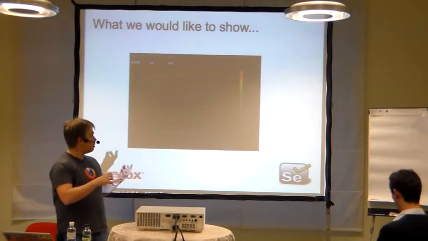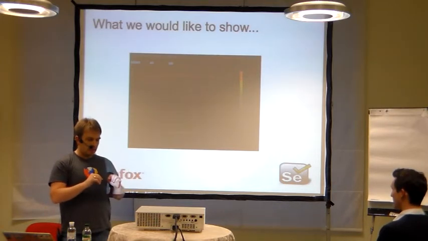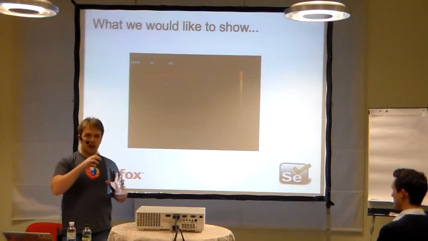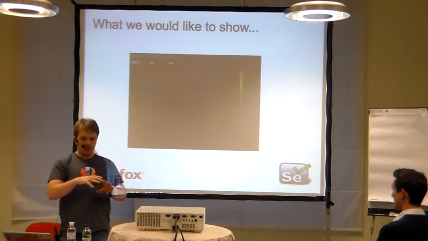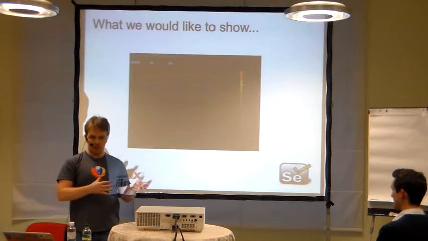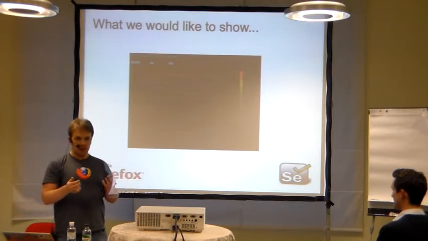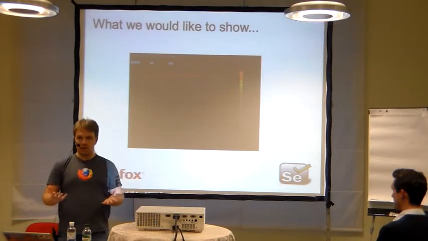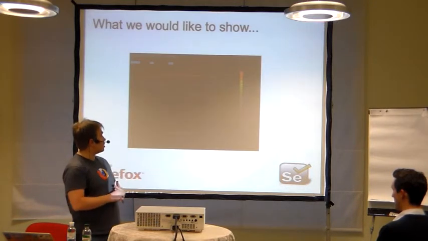A heat map, for those who don't know, is what user experience people like to use to see where people are clicking, how often they're clicking, and where users are using your application. This is very important for user experience, because then you know that if no one's clicking this button, we can remove it because it's just taking up valuable space.